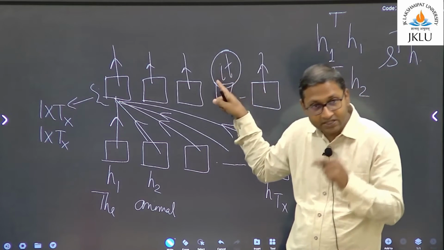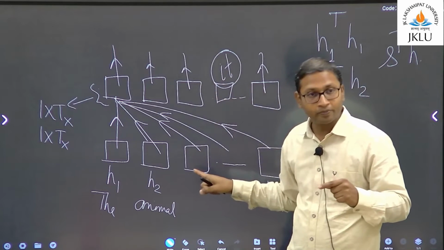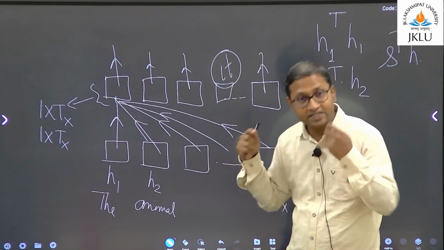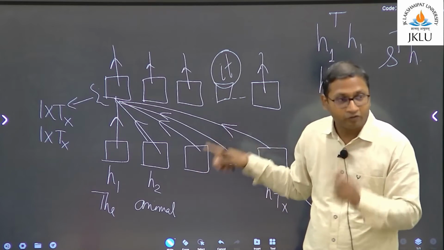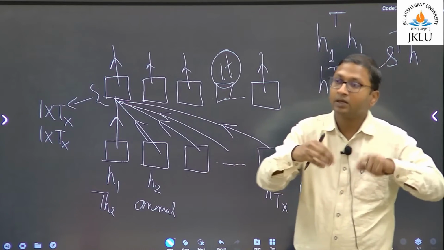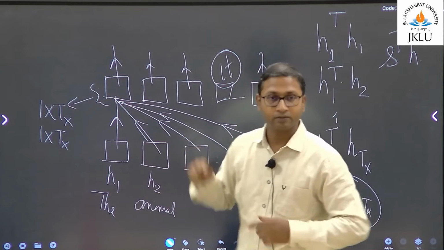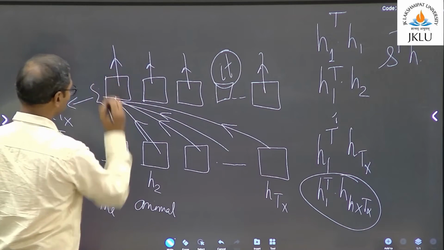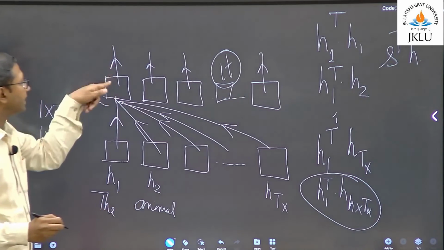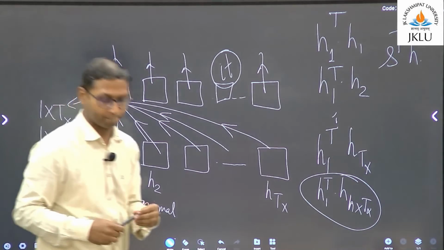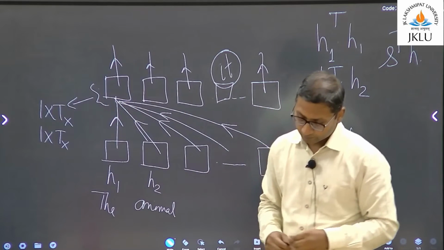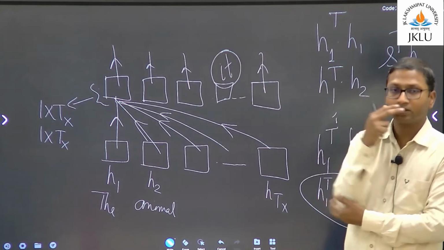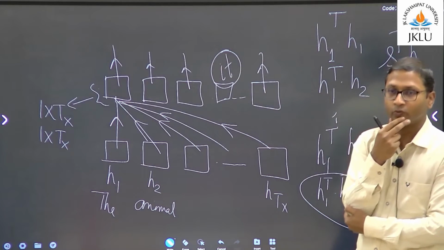But let's say if this it were supposed to represent or refer to the street, in that case what will happen? Alphas for the street will be higher compared to this one. So here you get something. What will be the exact output from here? Give me the dimensions of the output.